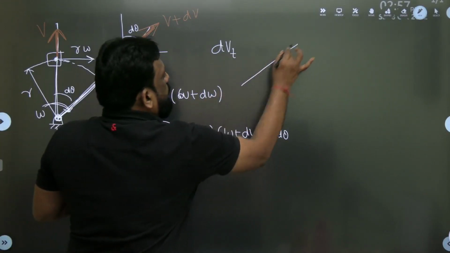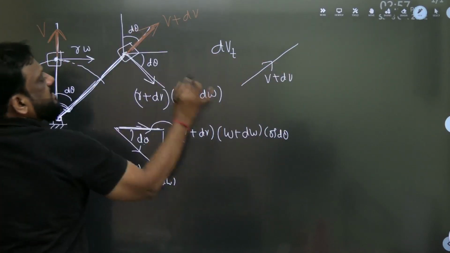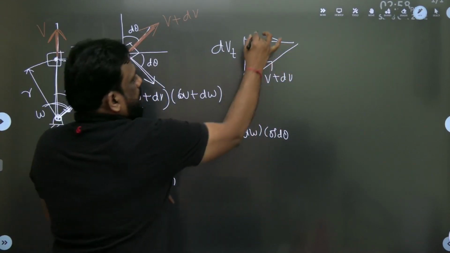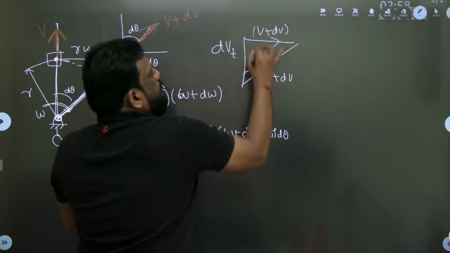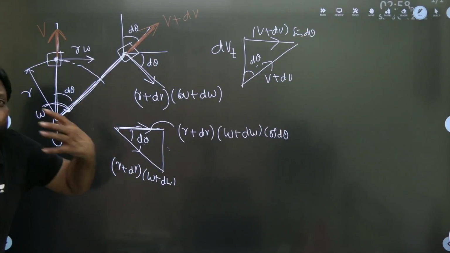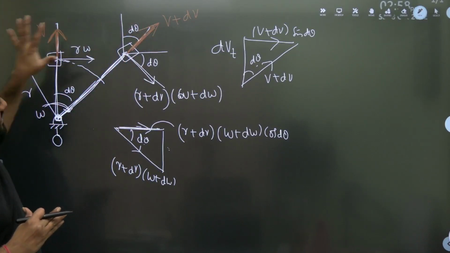Similarly, what is this velocity? V plus dv, and the vertical is angle d theta. Now I want the tangential direction, what is the value? V plus dv, it is opposite, so therefore it will be sine d theta. Observe here, what is the total tangential component of velocity? Finally, this is final and this is initial.